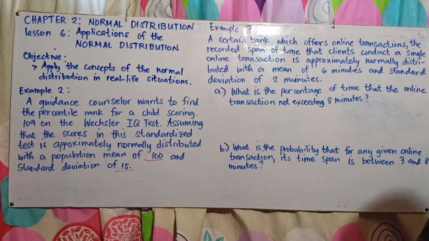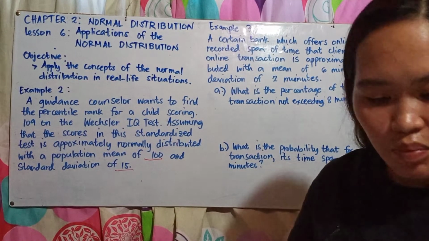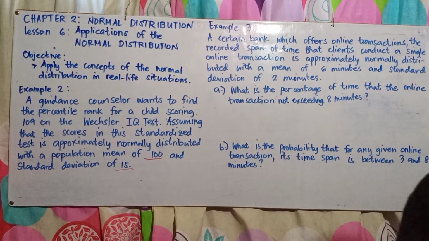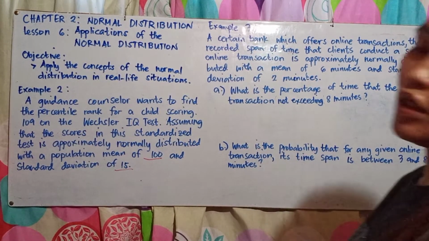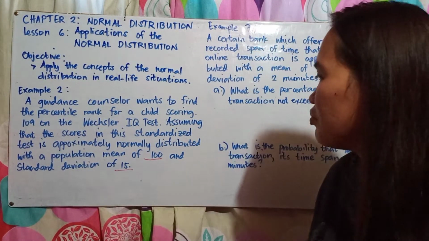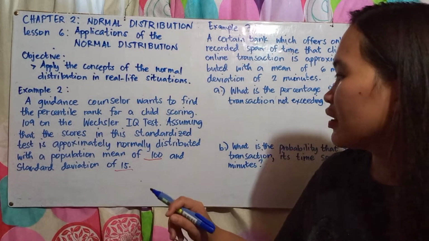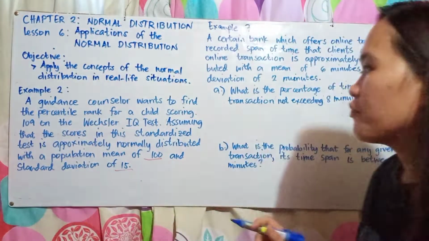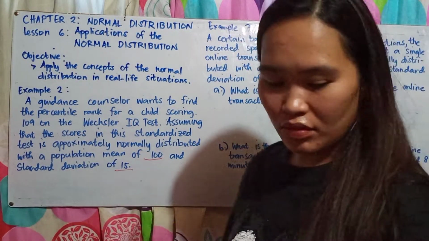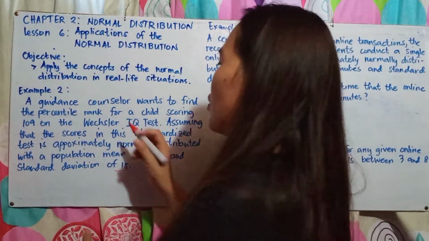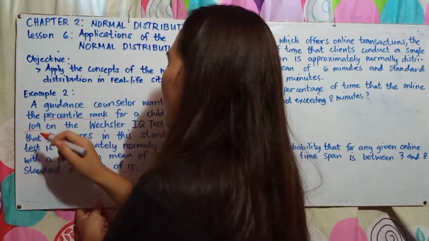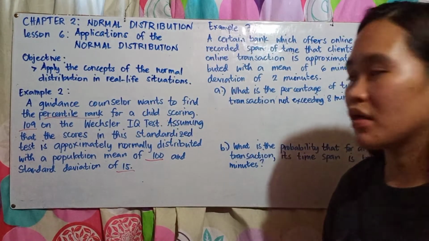Example 2 is all about educational and psychological measurement of human attributes. The question is the percentile rank of a score of 109.